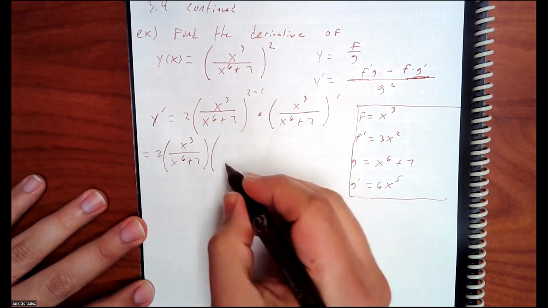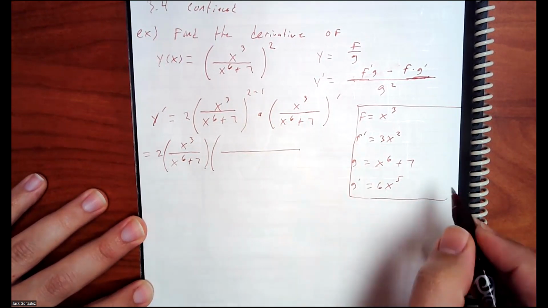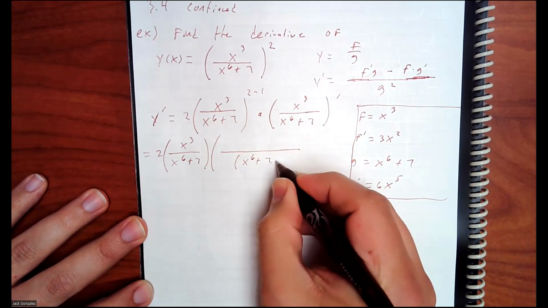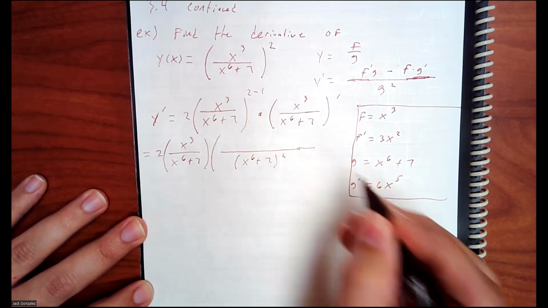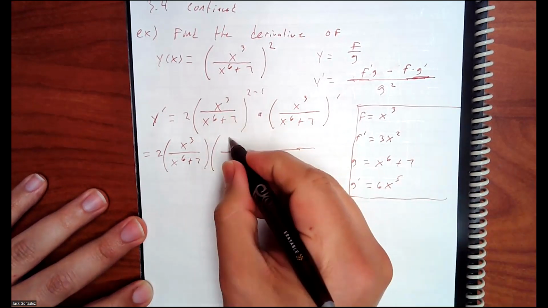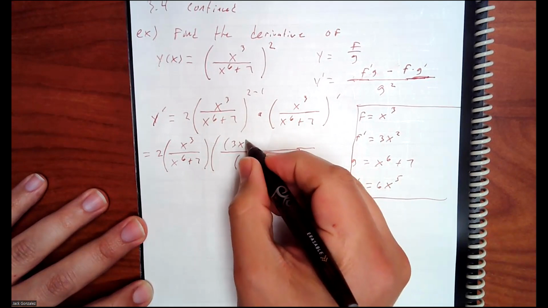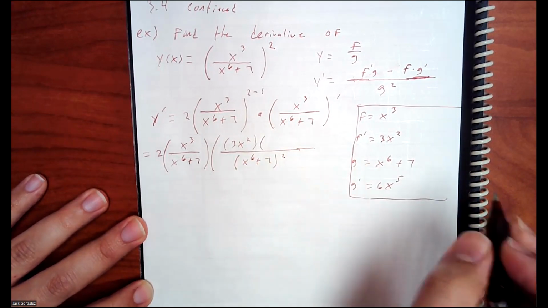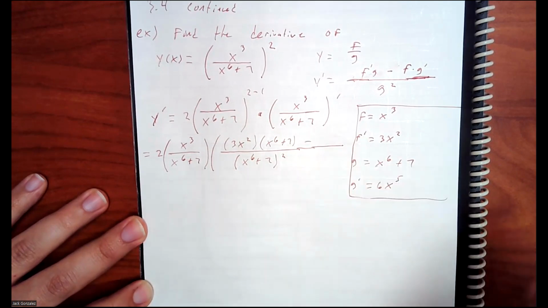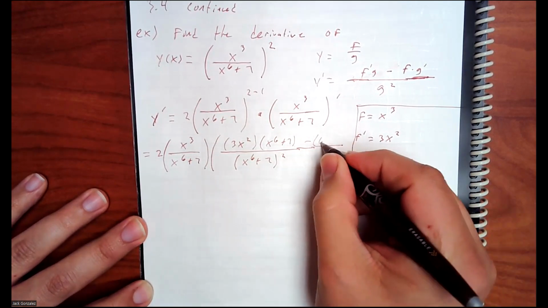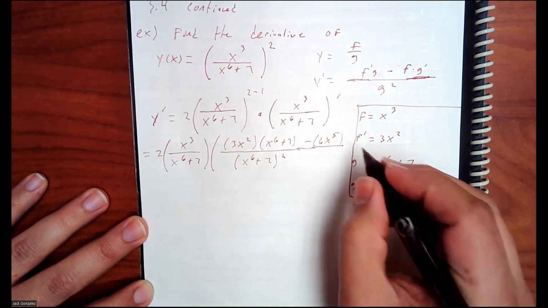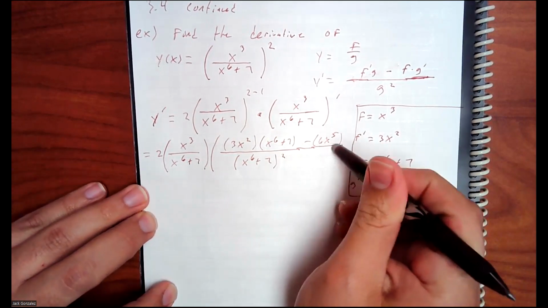Times this derivative, which would be a quotient rule. So g squared, right? Then we do f prime g, so f prime times g, minus g prime times f. I ran out of space, sadly.